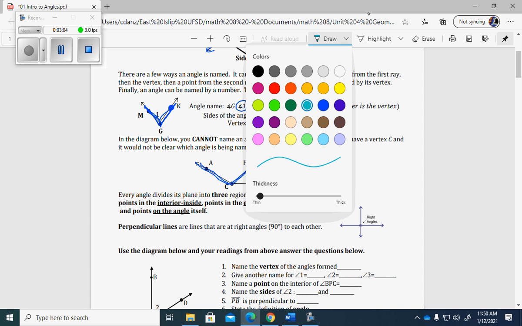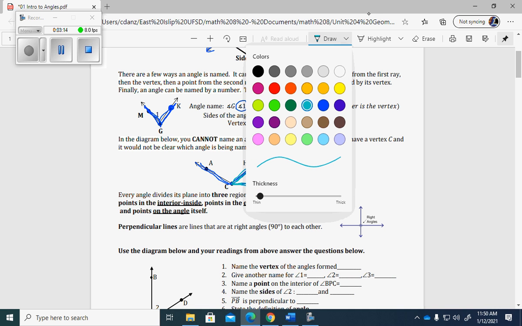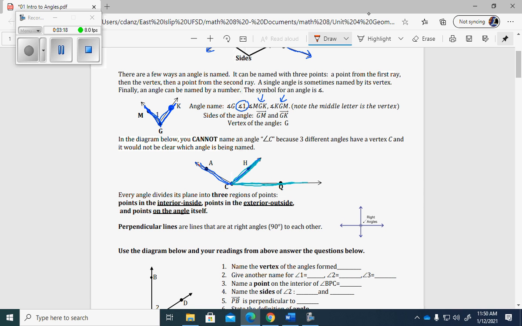And then I'll use this turquoise color, I could name this angle HCQ. There's even a larger angle in here. I'll use this orange color, ACQ, right? That's a large angle. It's obtuse. But there's a few different angles in this picture.